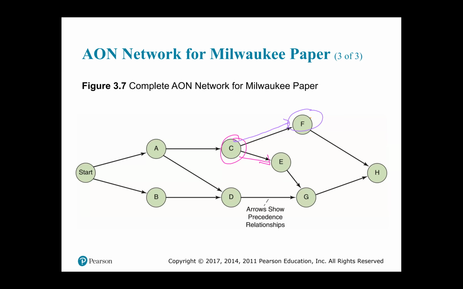So if you look on your network, you see activity G, I've circled it in red, and you see an arrow coming from D going to G, and an arrow coming from E going to G, indicating that G has two immediate predecessors, which are E and D, right? So the arrows show precedence relationships. It's very important that you include your arrows, right?